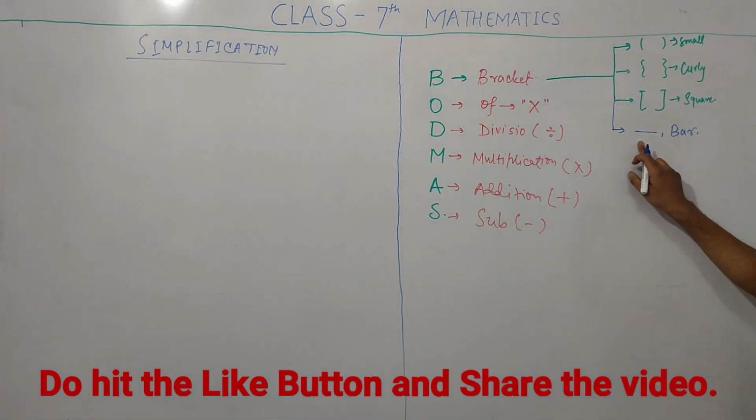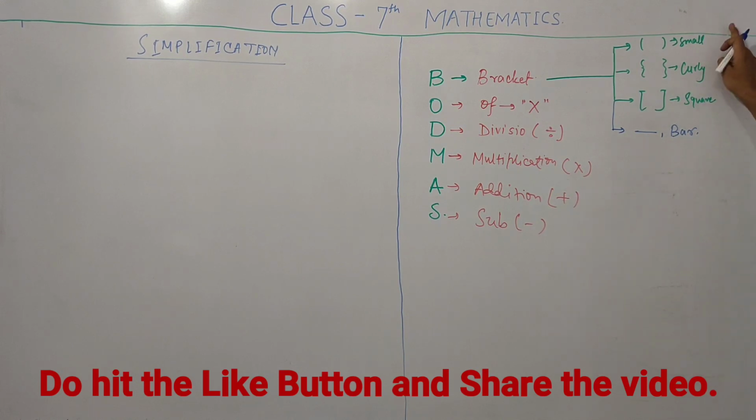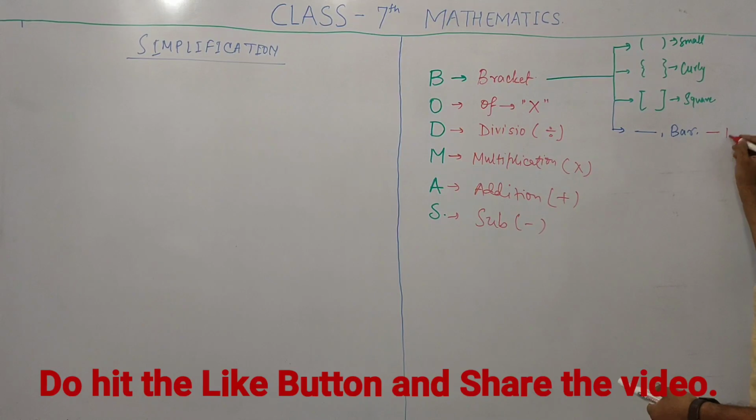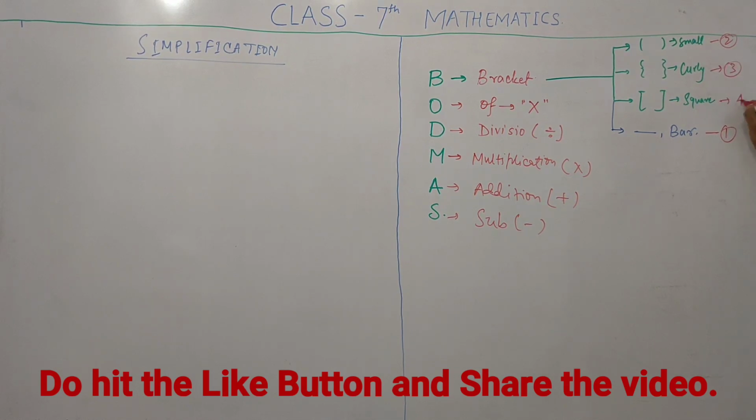Whenever we get all four brackets in a question, firstly I solve the bar, then the small bracket, then the curly bracket, and finally the square bracket.